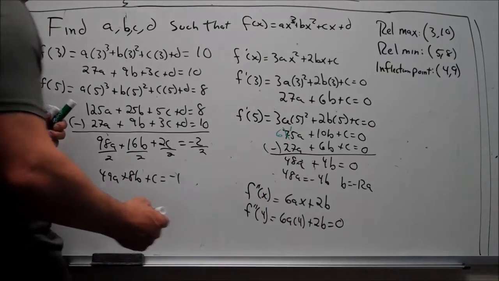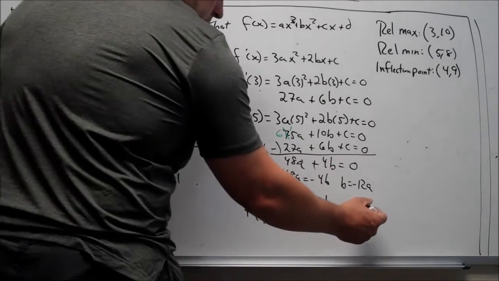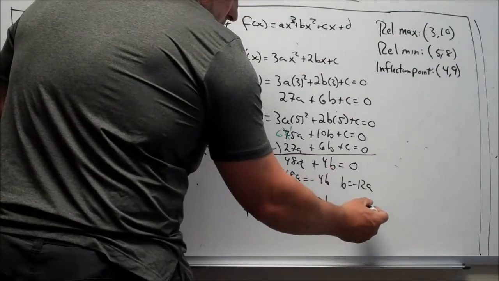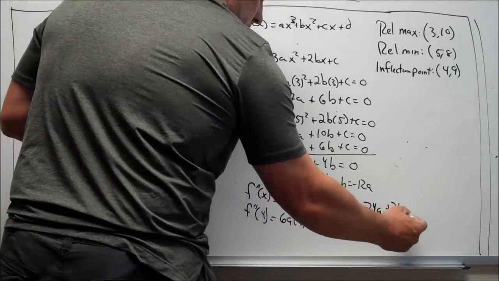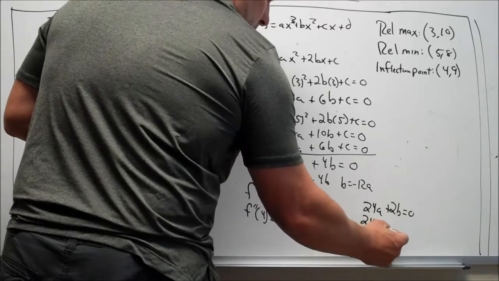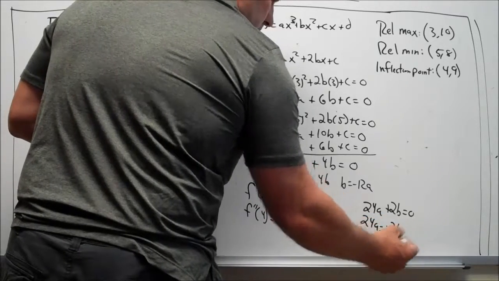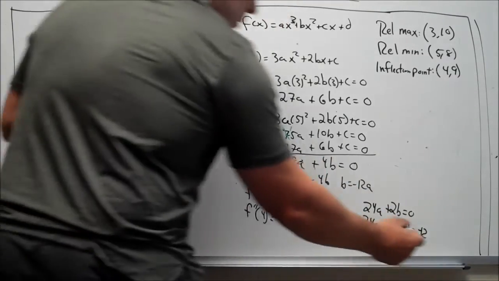So what does that tell us? Oh, this can tell us the exact same thing we just saw. 24a plus 2b equals 0. That means 24a equals negative 2b. That means b equals negative 12a. We already had that relationship. Okay.